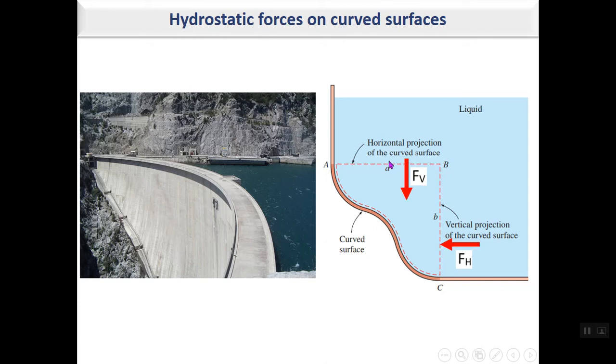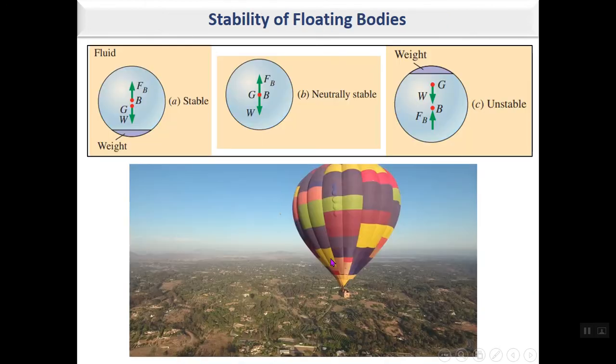The sign will be toward the top of the liquid. So for the case shown here, FV is the weight of the fluid above the curved surface up to the free surface. Don't forget, up to the free surface. So you should calculate the weight of liquid in this space. Then you can calculate the resultant force.